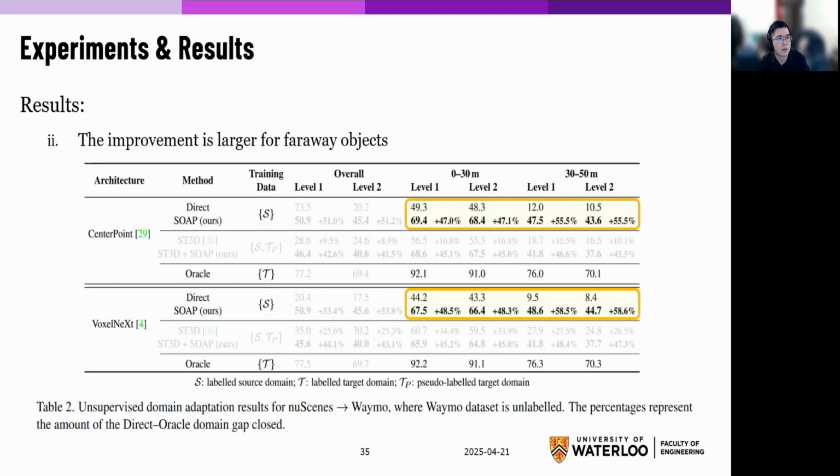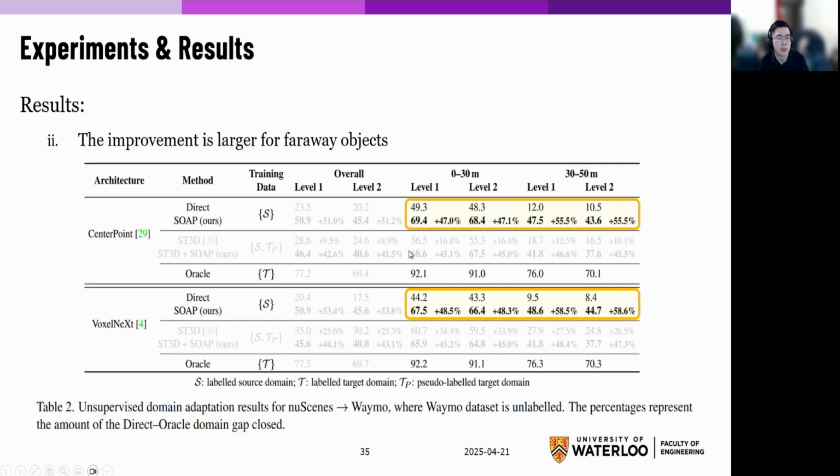Furthermore, this improvement of the pseudo-labels is more noticeable for far-away objects, where the point clouds are significantly sparser than for closer objects, and hence the effect of the distinct scanline pattern and distinct point cloud distribution is more detrimental to the domain adaptation problem.